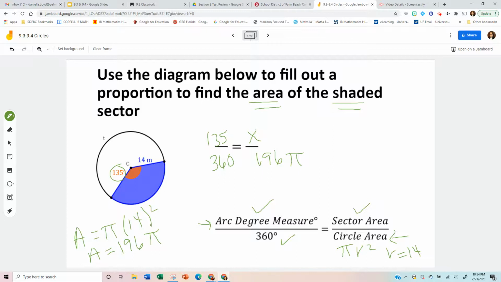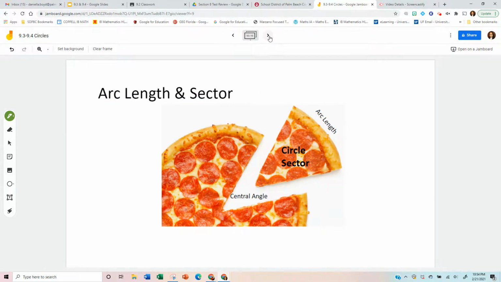So now I have also figured out the circle area. From this point right here, I could continue solving. So just make sure that you follow this little formula right here, and then make your proportions in order to solve. And that's what we're going to do in the very next problem.